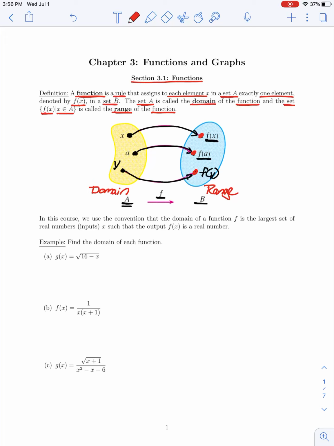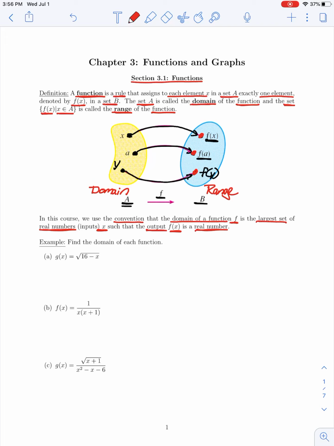range of that function. Now, throughout our course, we will be using the convention that the domain of a function, f, is the largest set of real numbers, so real numbered inputs, x, such that the output of our function, which is f of x, is also a real number.